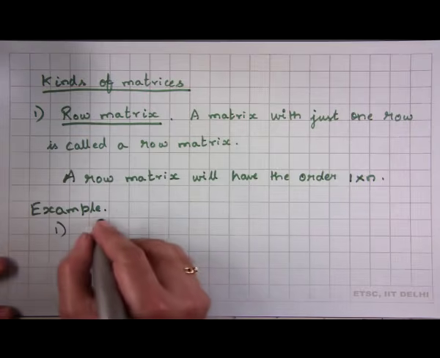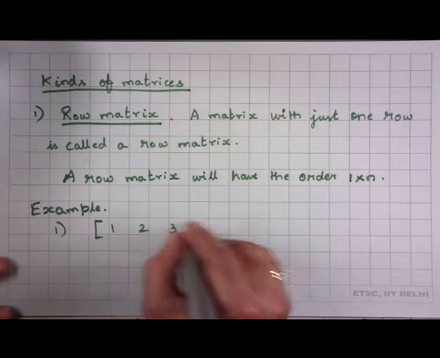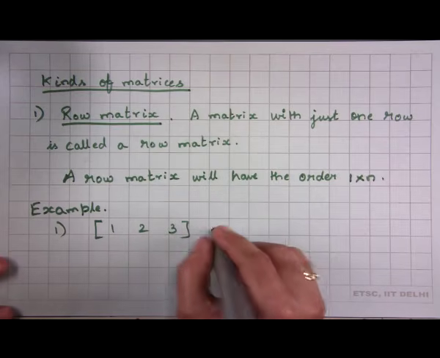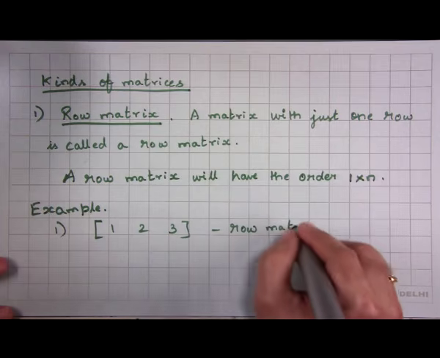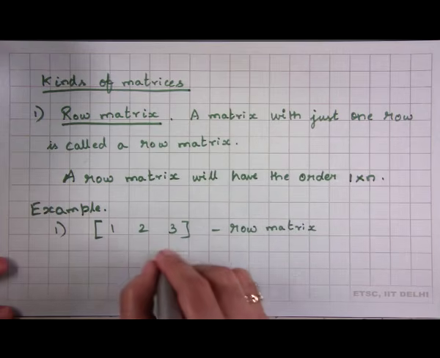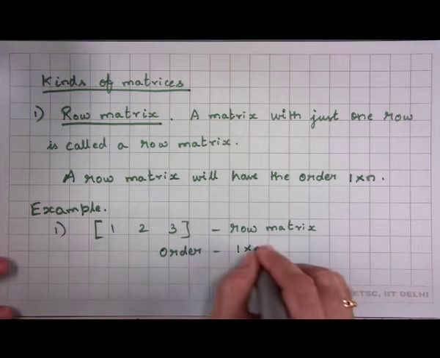First one, just look at this one: 1, 2, 3. This is an example of a row matrix, and its order is 1 by 3.